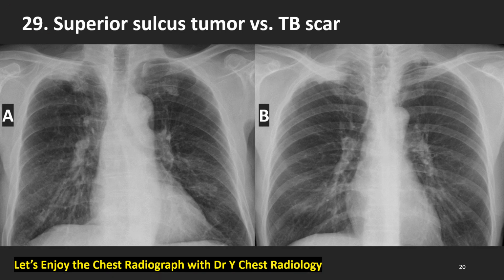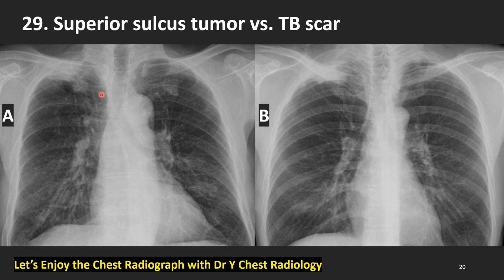We do remember the dangerous name, superior sulcus tumor. One of these patients has a superior sulcus tumor. Which one is it? The left side person is older than the right side person.